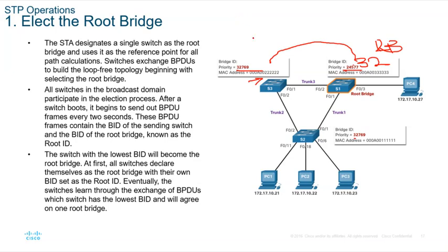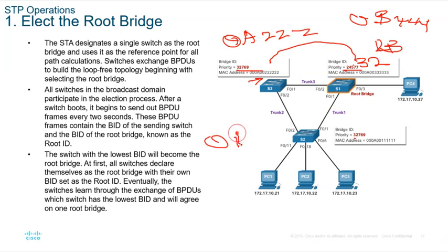For example, let's assume that here I have 0, A, 2, 2, 2, this is 0, maybe B, then maybe 4, 4, 4. Then this one here we have 0, maybe 1, and then this is 5, 5, 5.